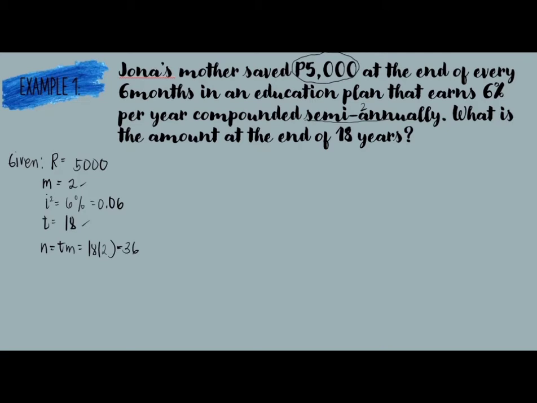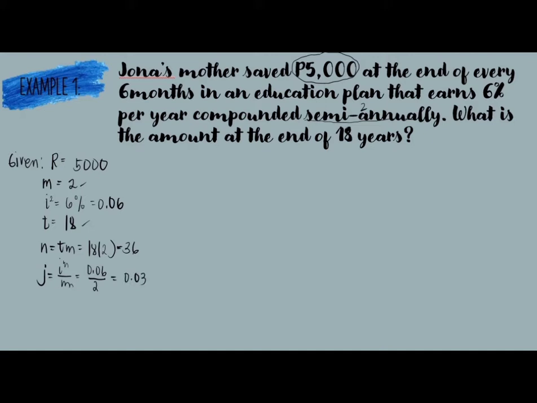Okay? Then, next is the interest rate per period. So, J is I over M. Okay, so our I, the nominal rate, is 0.06 over M, and M is 2. So 0.06 over 2 is 0.03.